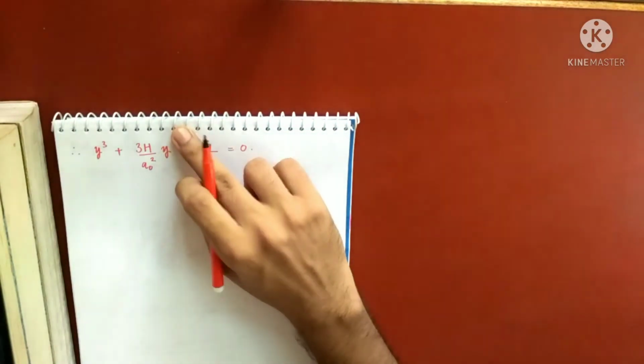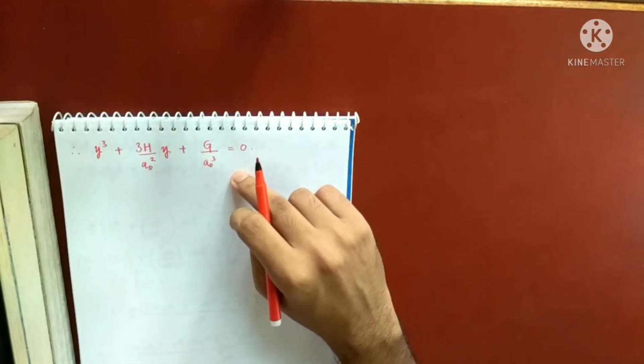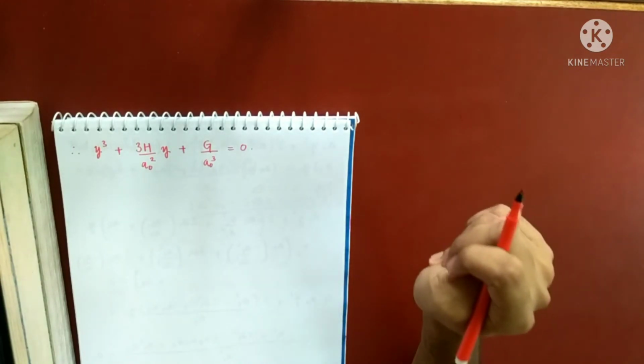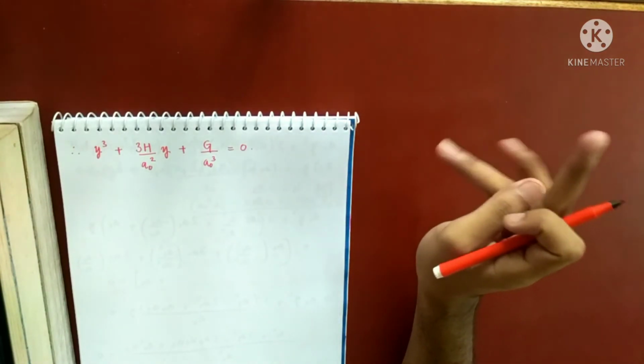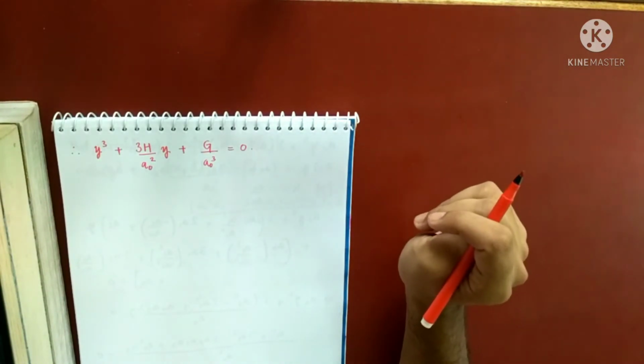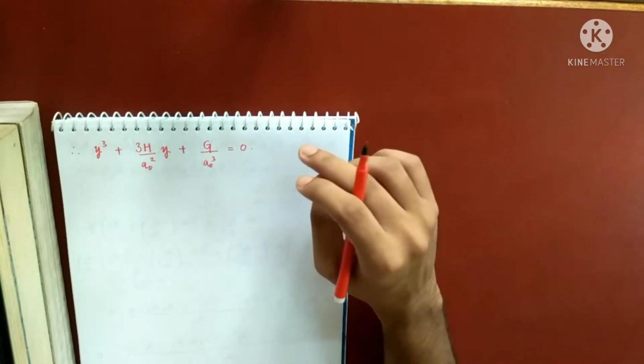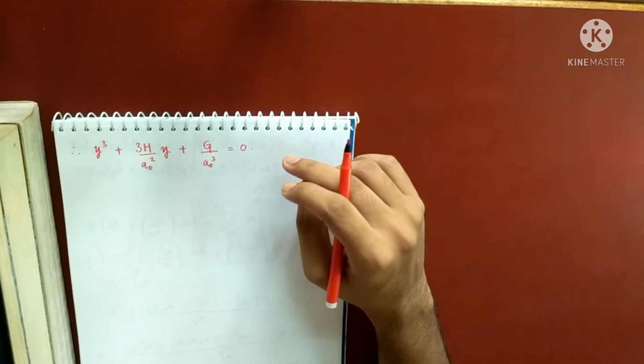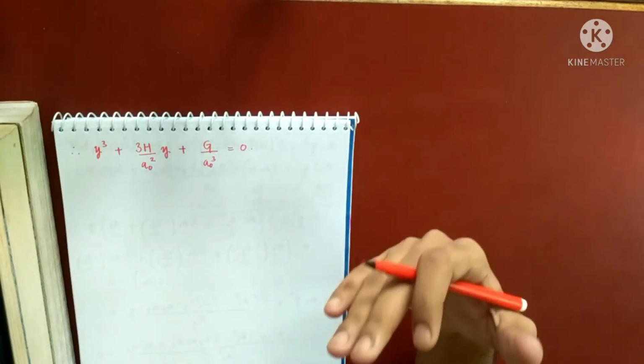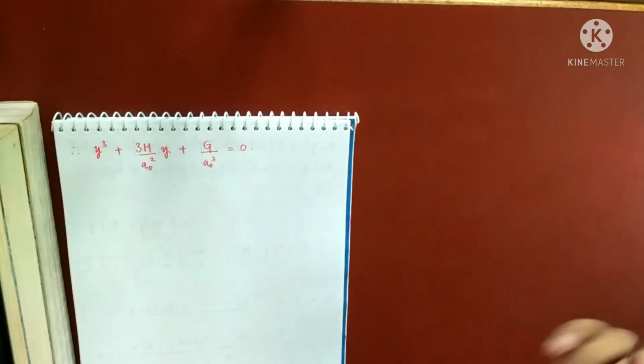So mind that this is the equation whose roots are h less than the original equation. Instead of h, I will be saying whose roots are, let me write it down.